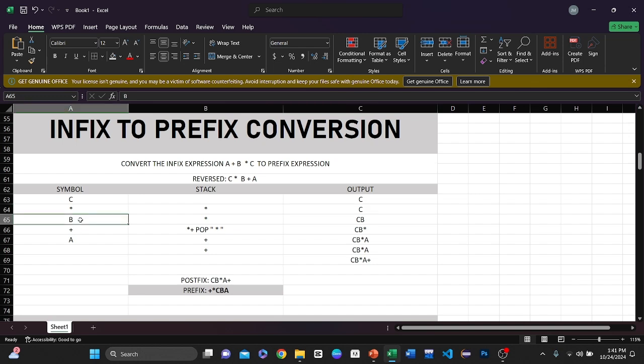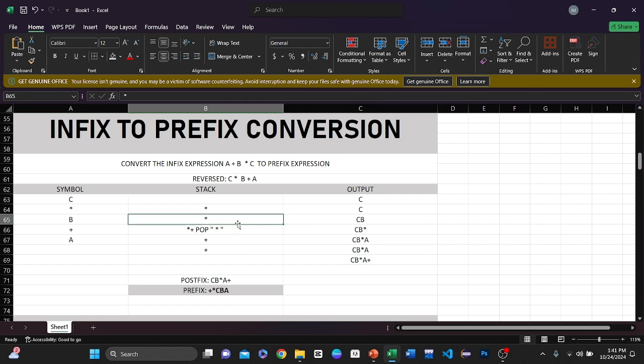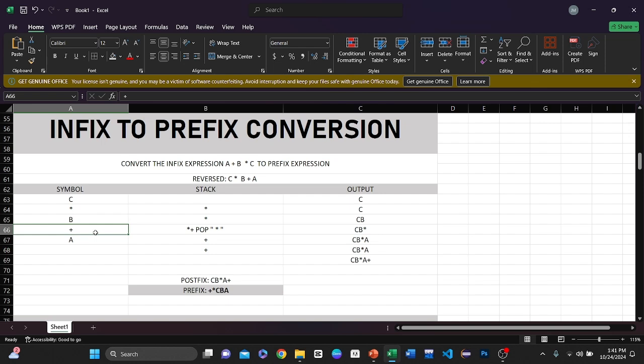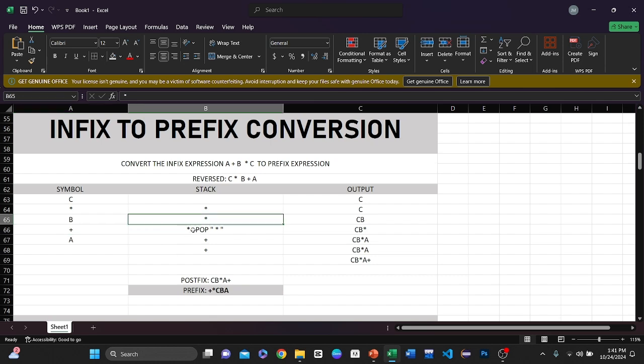B is an operand, so we add B to the output and copy the stack. The next symbol is addition. So the asterisk and plus.